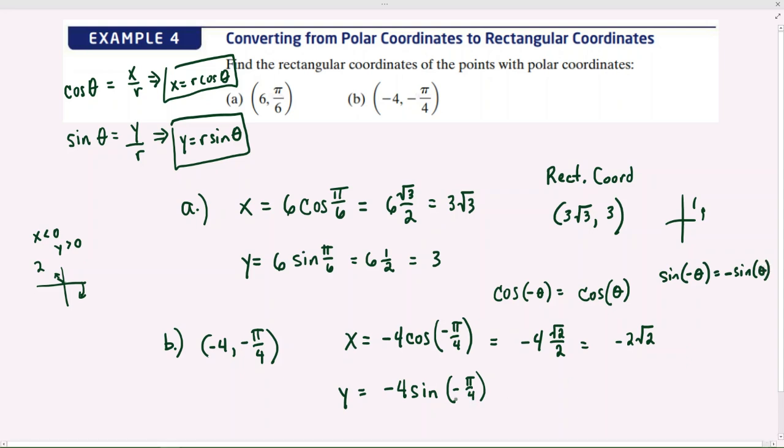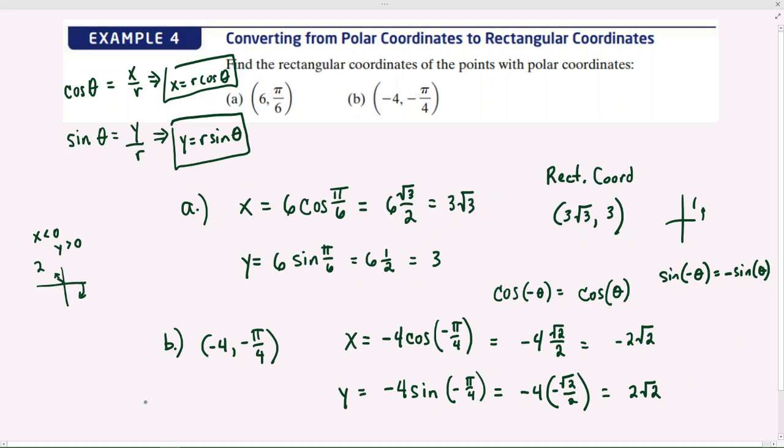So the sine of negative pi over 4 is going to be a negative square root of 2 over 2. So this will be equal to negative 4 times negative square root of 2 over 2. So I've got a negative times a negative, so I've got a positive 2 square root of 2.